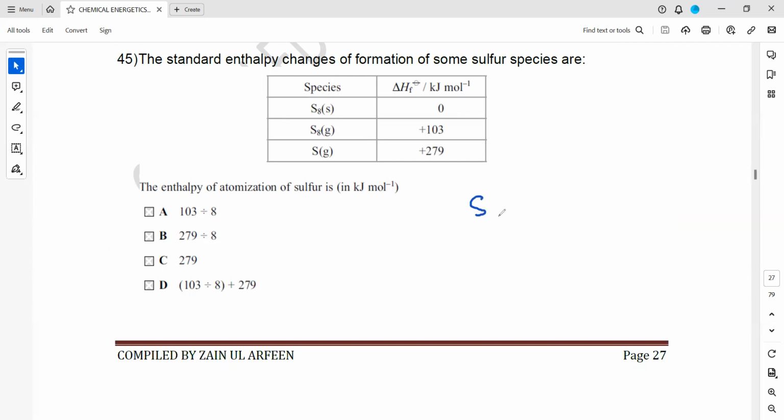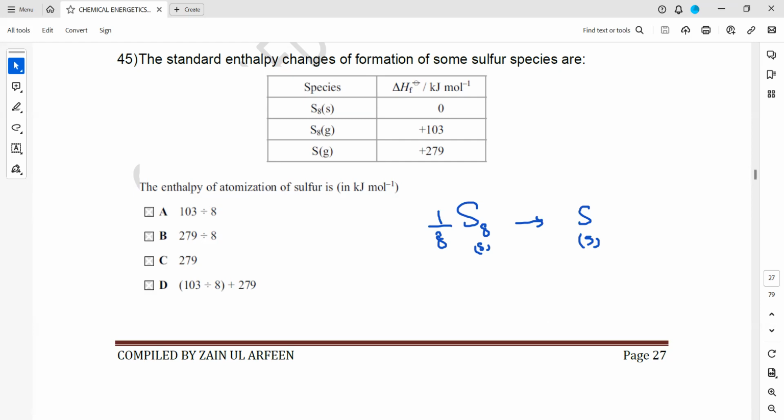We have sulfur solid and we produce gaseous atoms. But as sulfur exists as S8 and we want to produce one sulfur atom in a gaseous state, this should be 1 by 8, because the 8 sulfur atoms in a molecule will produce 8 sulfur atoms. We want to produce only one, so this should be 1 by 8.